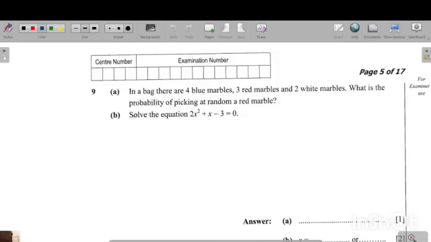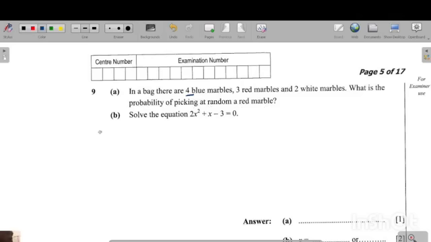All right. Okay, number 9. The question reads, in a bag there are 4 blue marbles, 3 red marbles, and 2 white marbles. What is the probability of picking at random a red marble?